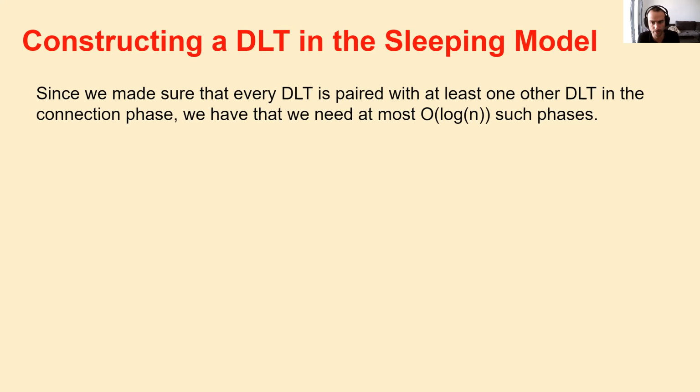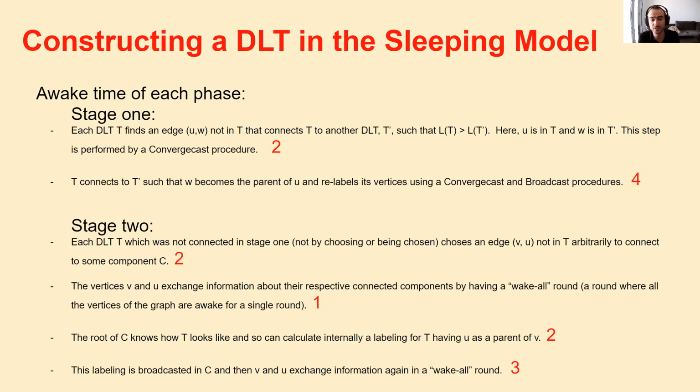So after O(log n) phases, we make sure we have one spanning graph that spans all the nodes of the graph, and each connection phase in fact takes a constant number of awake rounds. These are the numbers we can see on the steps themselves. You can see that each step requires a constant number of awake rounds.